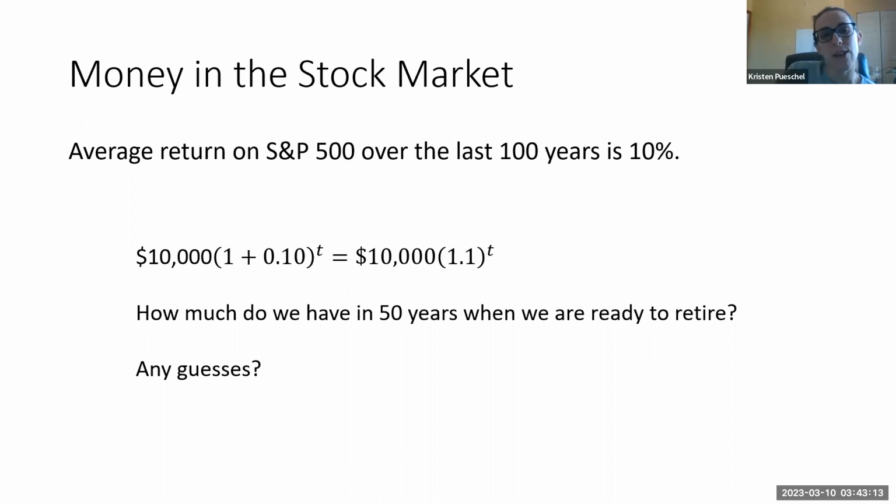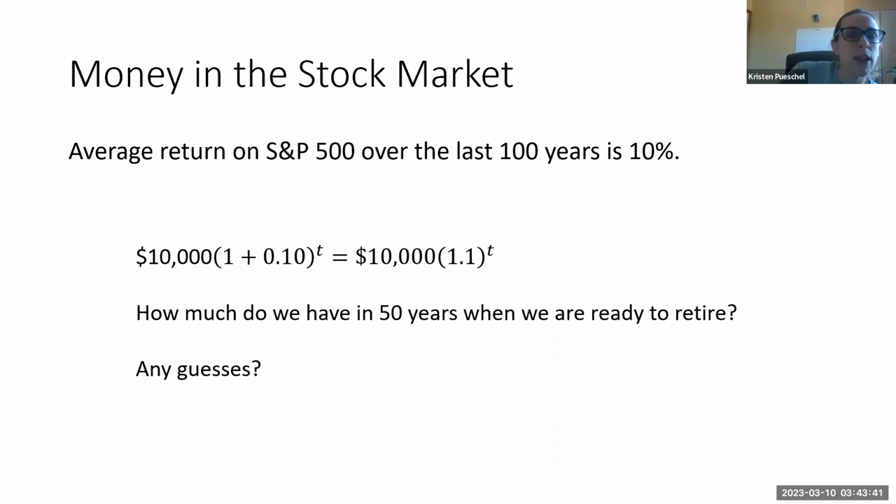Okay. All right. So that means that when we build our growth model, we have 10,000 times 1.1 to the t. Okay. So we started with $10,000. And we'd like to know how much we have in 50 years when we're ready to retire. Okay, so what I'd like you to do is make a guess.